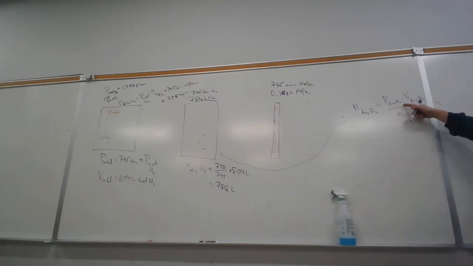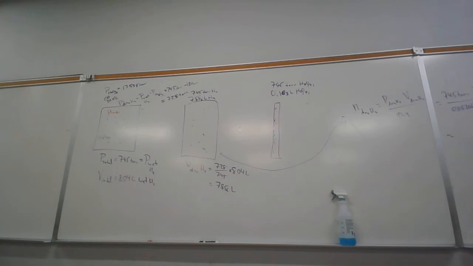The pressure of the dry hydrogen is 745 torr. The volume of dry hydrogen is 7.856 liters divided by R, 0.08206 liters times atmosphere per mole Kelvin divided by T, 293 Kelvin.